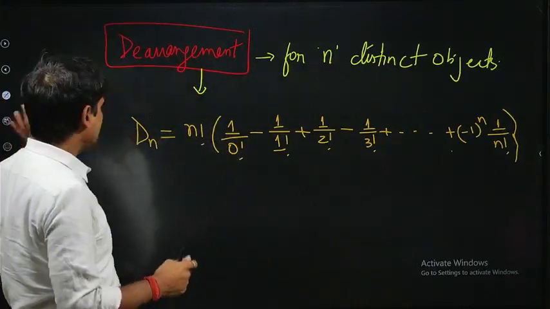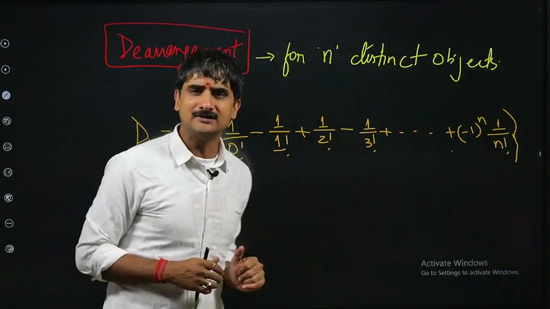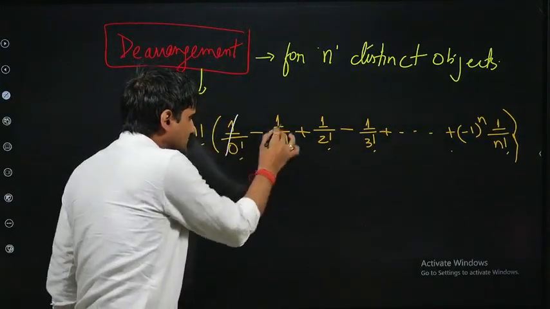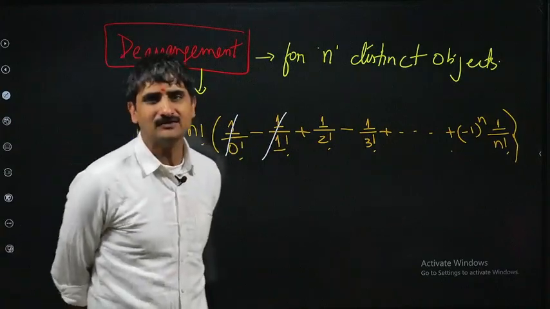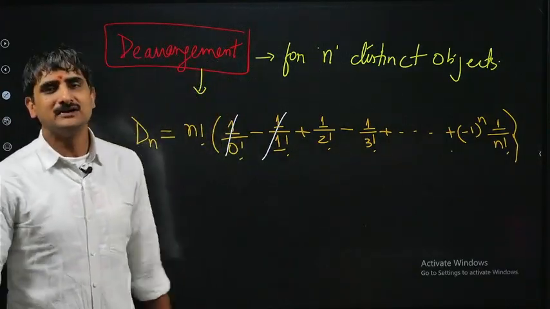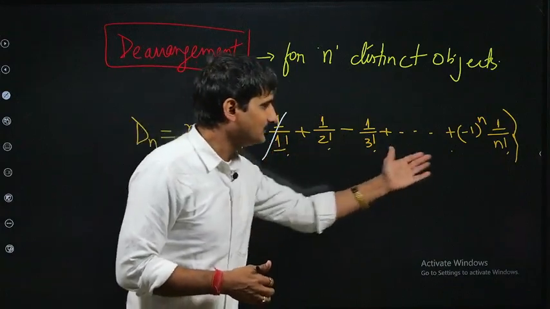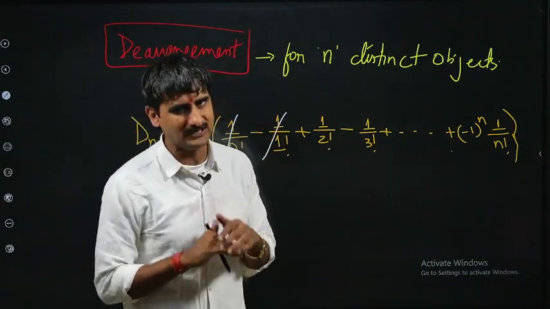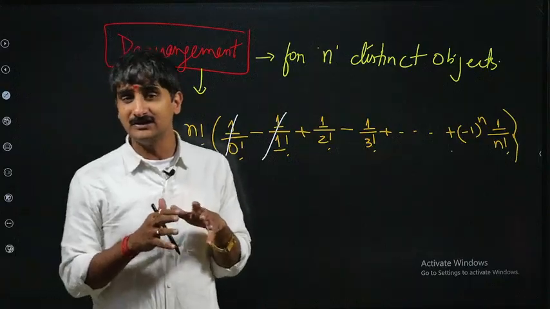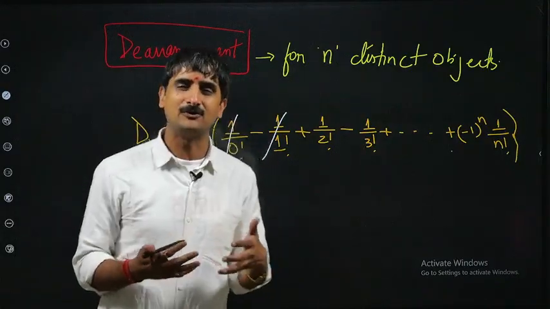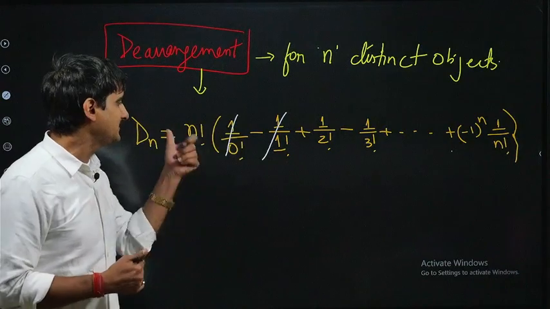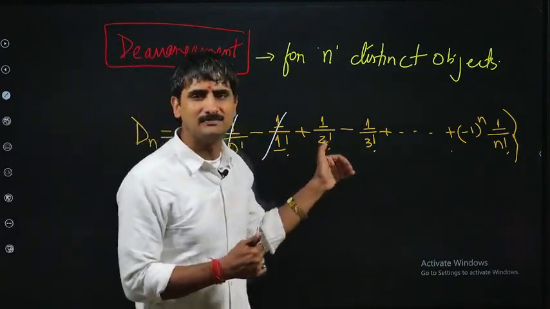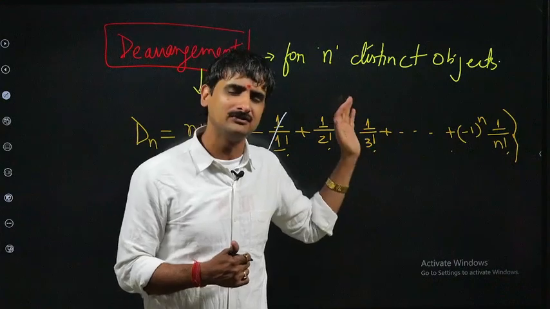I always write this formula in entirety, but as you can observe, the first two terms will get cancelled. So when solving the question, you can always start with 1 by 2 factorial. So if I have to derange 10 objects, the answer will be 10 factorial into (1 by 2 factorial minus 1 by 3 factorial plus 1 by 4 factorial, and so on).